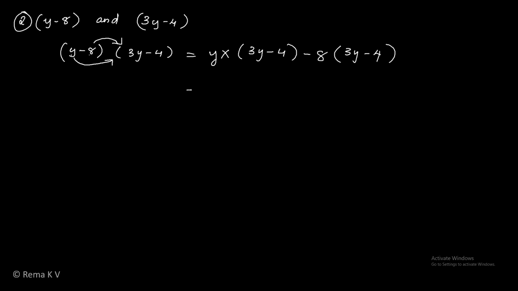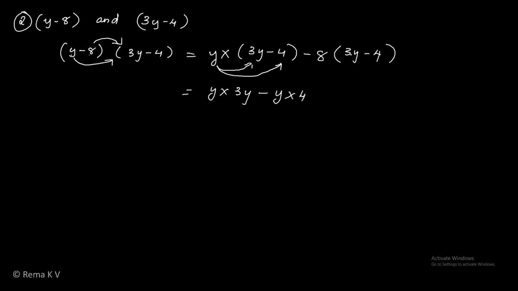So this is equal to, now we have to multiply these two. y into 3y minus, sign here is minus, so y into 4.